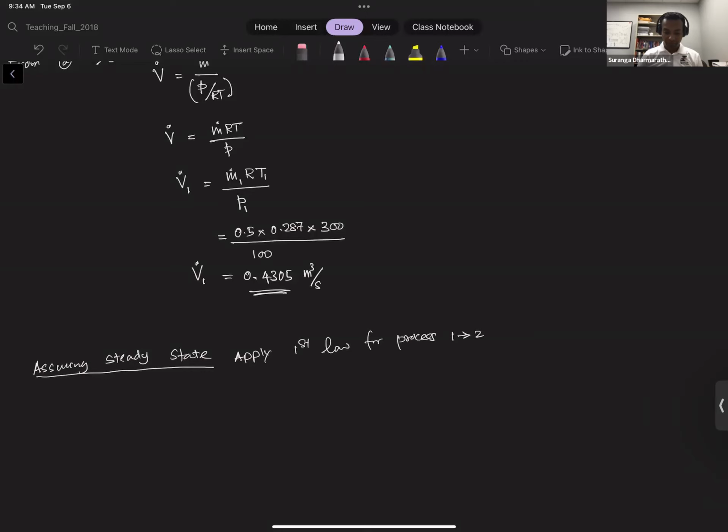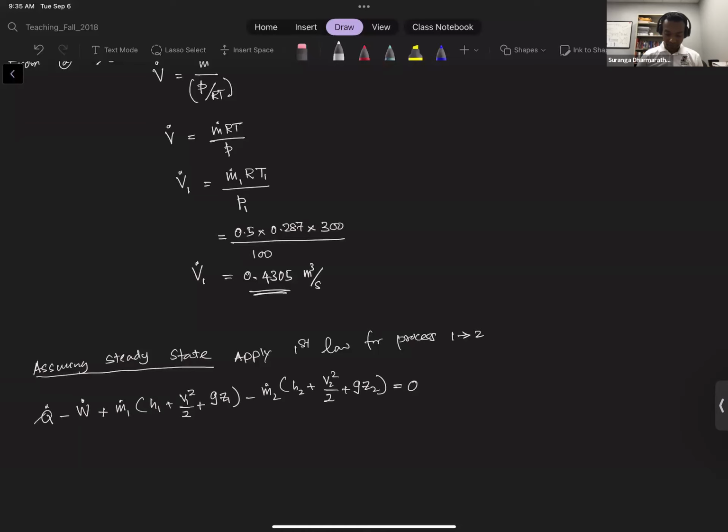Q dot minus W dot equals plus m dot 1 (h1 plus V1 squared over 2 plus gz1) minus m dot 2 exit (h2 plus V2 squared over 2 plus gz2) equals 0 because it's steady state.